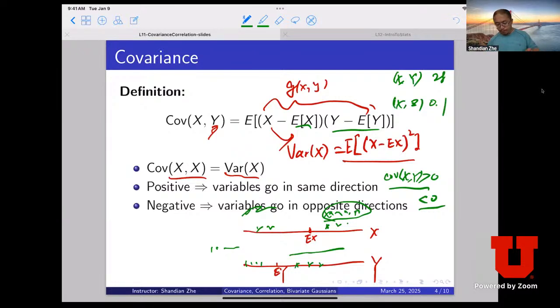If you observe X is very far away from its expectation, and meanwhile Y is also very far away from its expectation, or if X is close to its expectation and Y is also close to its expectation, then on average the expectation of their product will be large. I mean in terms of the size, not the sign. That basically means they are strongly correlated. They have a larger covariance value.